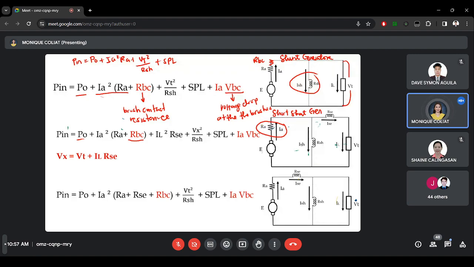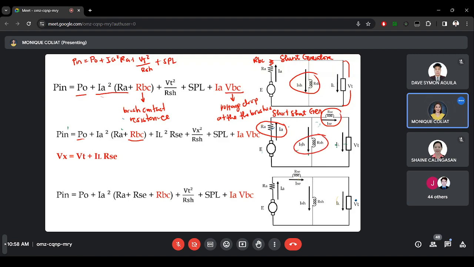Then the last one, we have here this one naman, power here in RSE. What is the current flowing across RSE? That is ISE, wherein you can suppose it is equal to IL. That's why it's IL squared RSE.